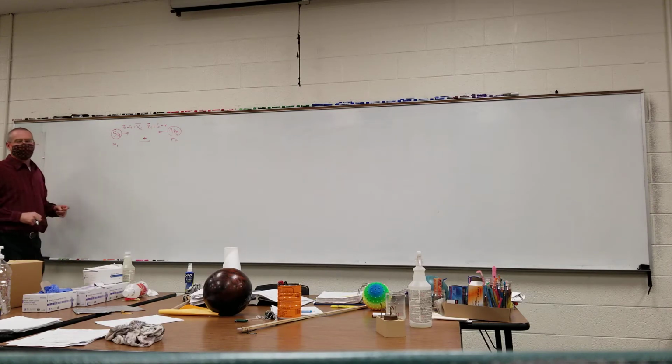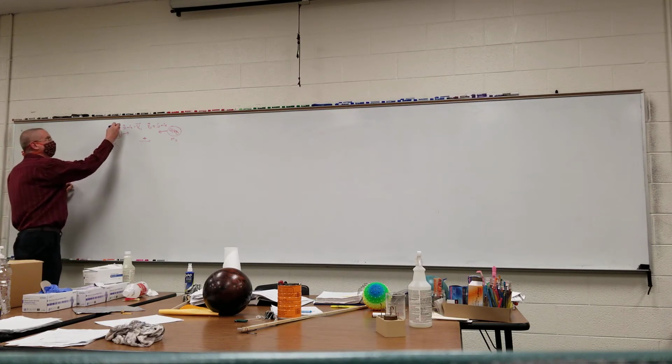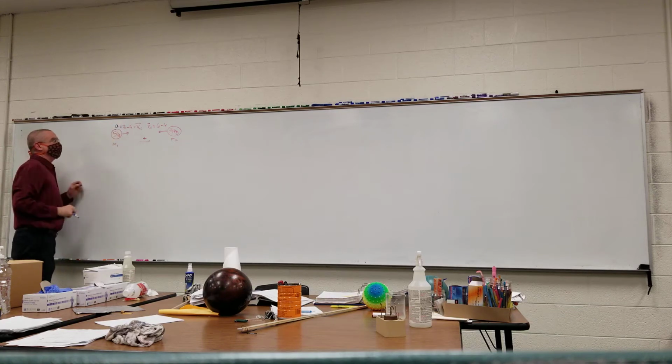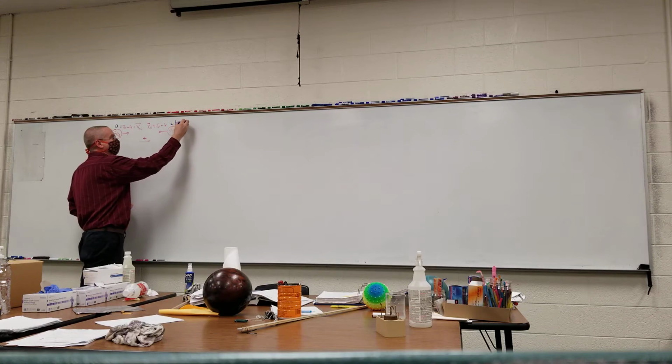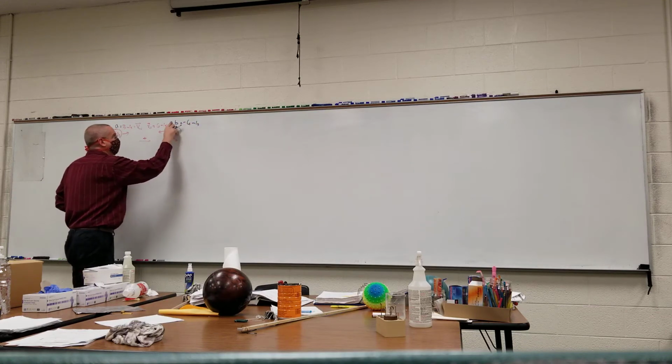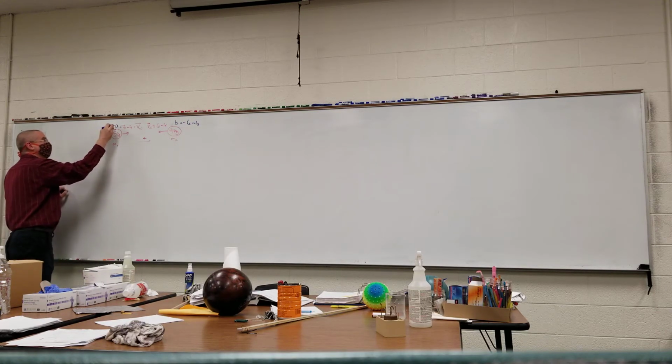Because I don't like writing subscripts, I'm going to use the letter A to represent that velocity and B to represent that velocity. B is -6 meters per second, and A is 3 meters per second.